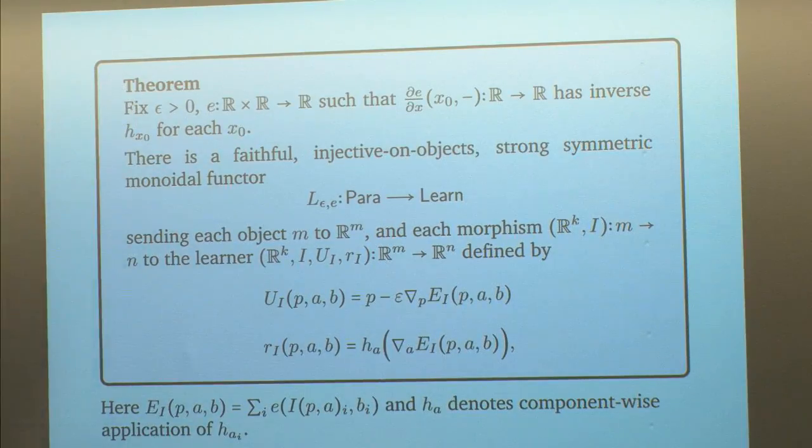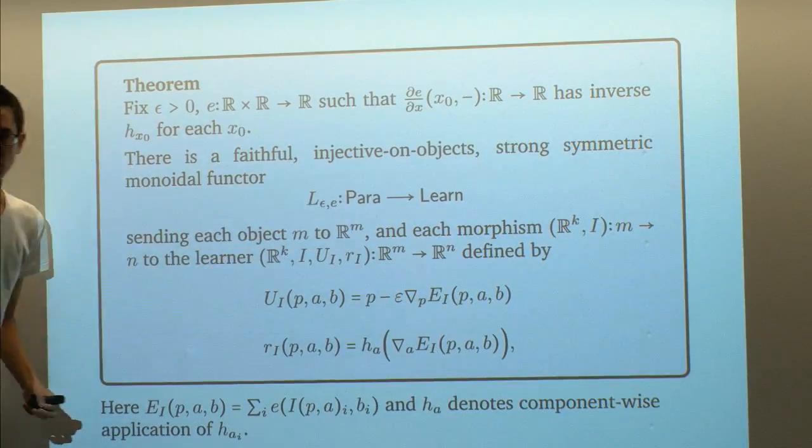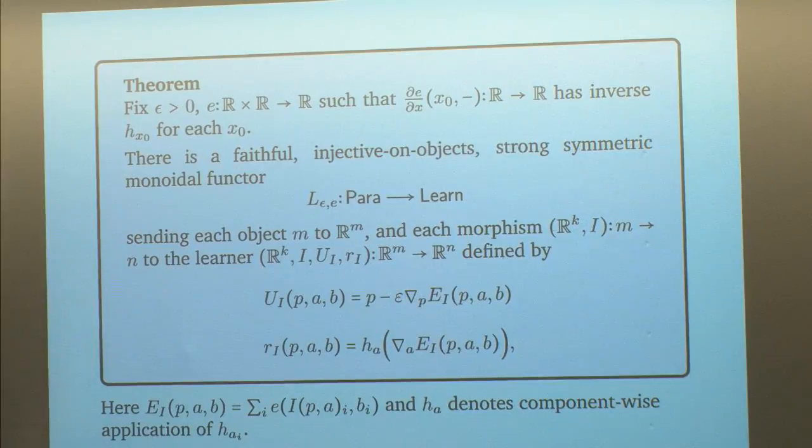So once we have these two bits of data, we get a very nice monoidal functor from Para to Learn. It's faithful, injective on objects, and a strong symmetric monoidal functor. What does this functor do? Well, it takes each parametrized function and, again, constructs this update function and this request function. And it does it by differentiation.